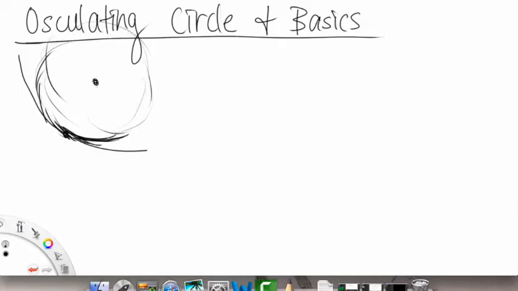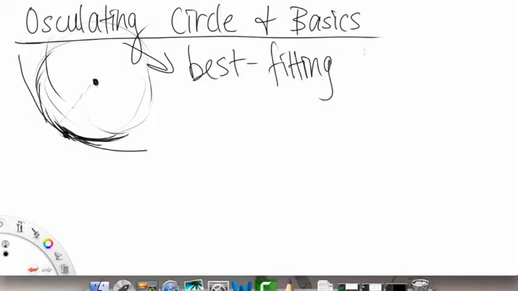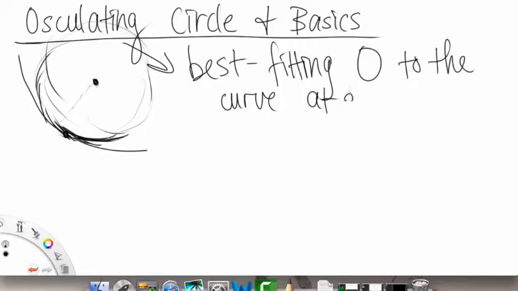So what we're going to have to do is find the center and the radius for this osculating circle. Again, I'm just going over the basics here: how to find what we're looking for and what we need.